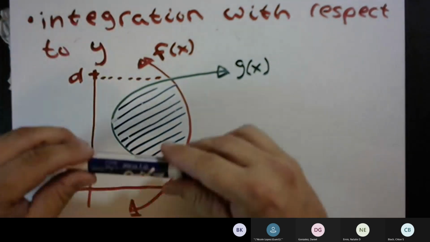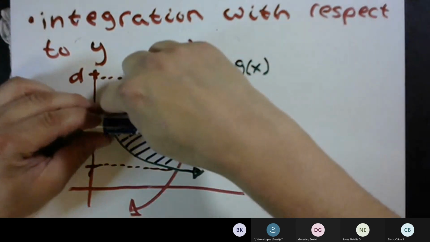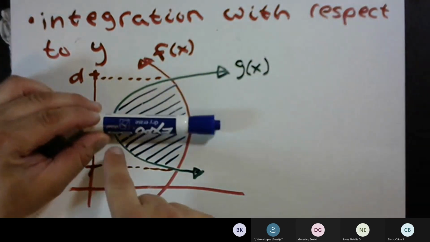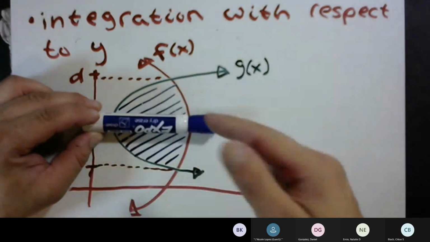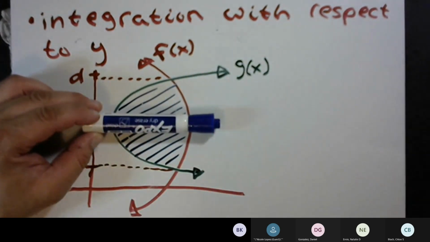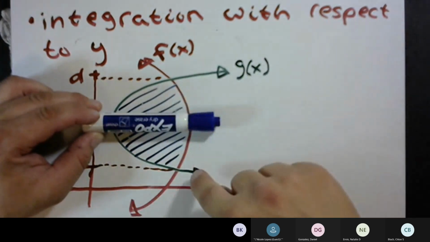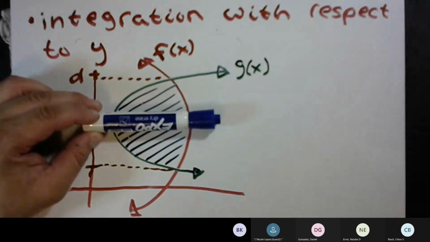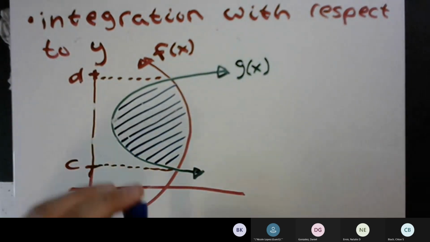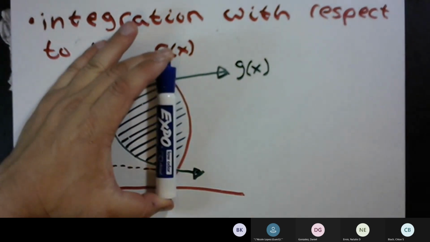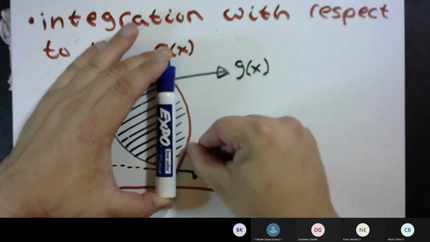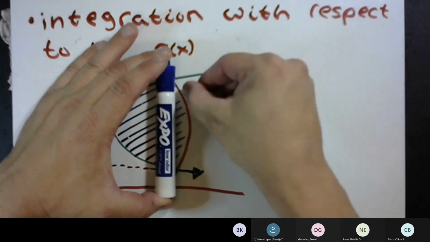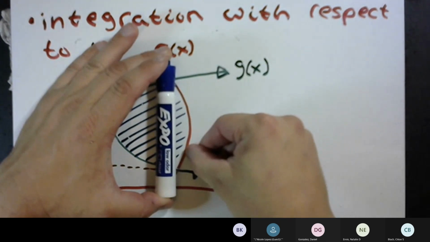So what you would do is you would need to get a definition for the top part, because we're working with functions, what we're used to, a formula for the bottom part, and then you would use our formula for finding the area between two functions, this function minus this function, and then you'd have to stop, and when you get to here, you have to divide this up into a top part and a bottom part, and integrate the top part minus the bottom part.